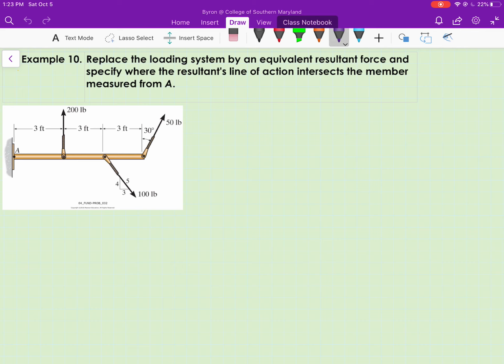And think about your right hand rule, and therefore we can move the resultant force some distance d down the beam from A, where it will produce the same moment as the resultant moment at A. So let's start by finding the resultant force.